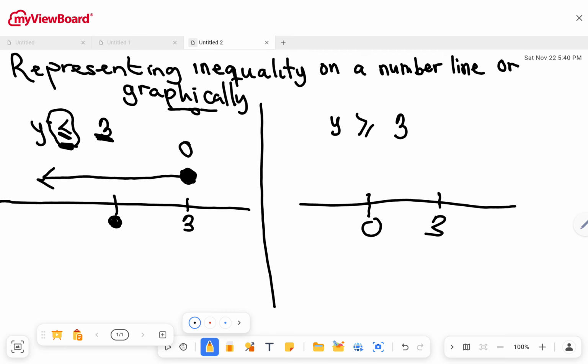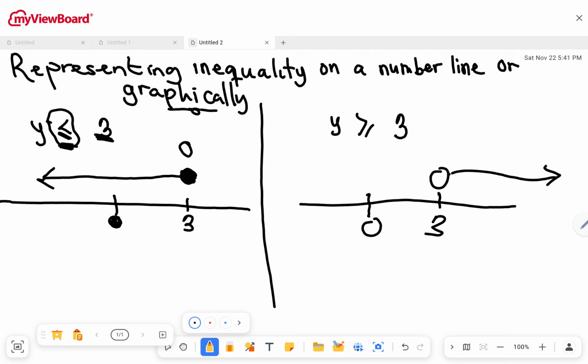Now they are saying y is a number which is greater than 3. So all numbers on the right hand side of the 3 are greater than 3. So we can have 4, 5, 6 upwards. So I have to draw my circle, point to the right hand side.